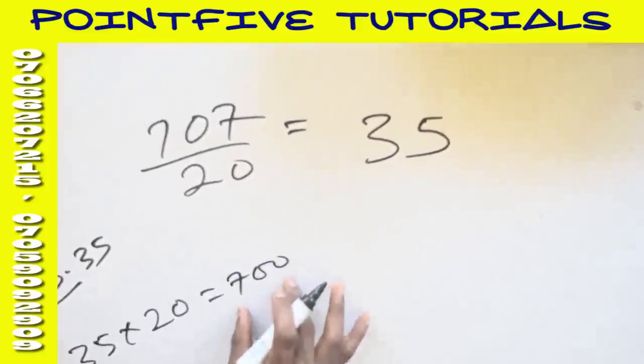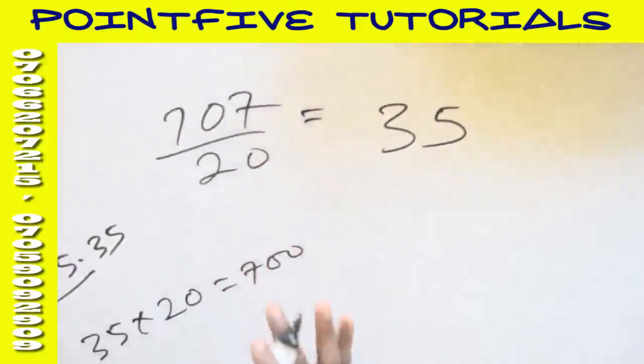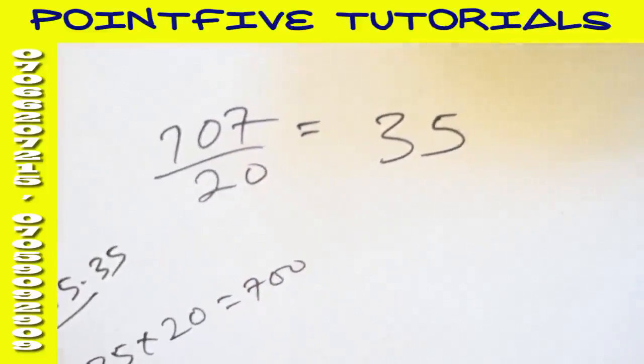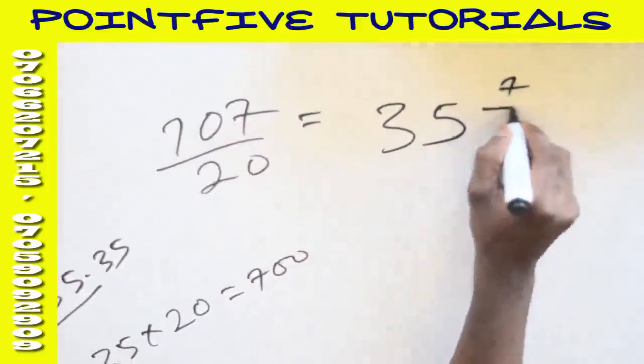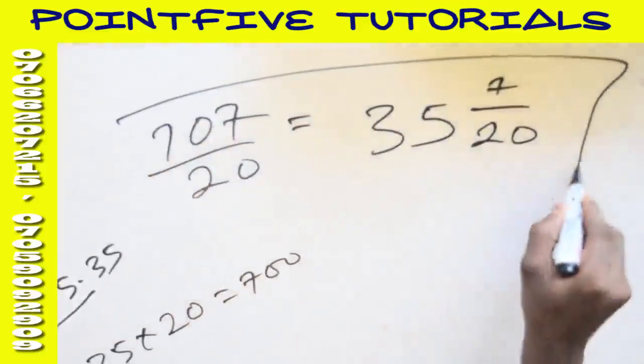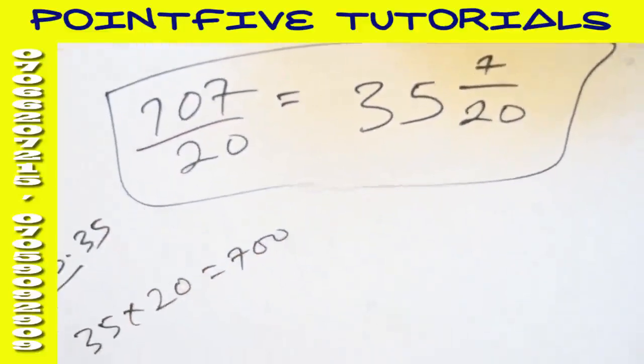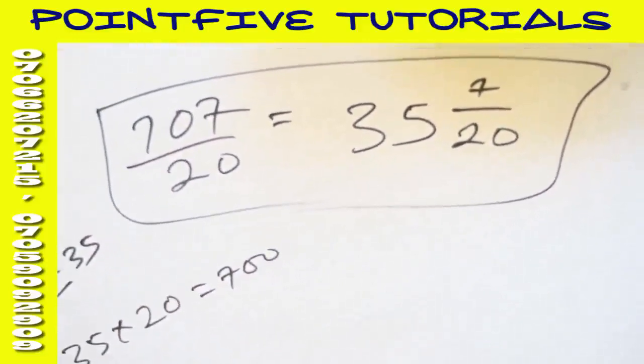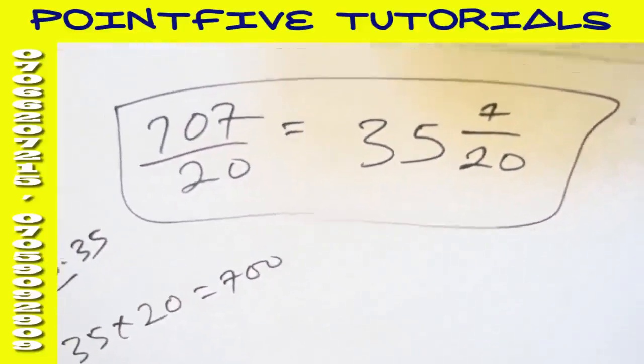Now what are you going to add to 700 to get 707? It is 7, with 20 being the denominator. So these two are the same. This is how we go about this. I just had to teach you the short form of going about this.